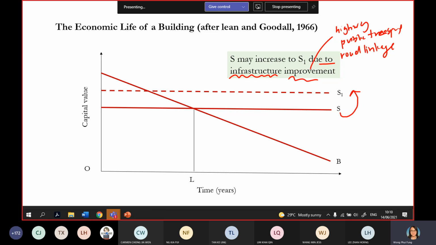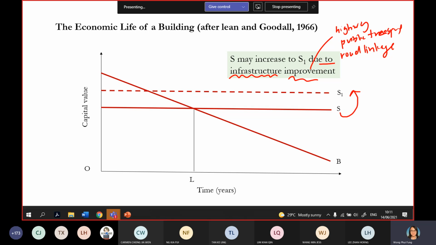There was no public transport for you. Not so convenient like right now. You can take the MRT from Kajang to KL. But when the government and also the developer improved the site infrastructure by promoting more major highways and providing more public transport, the land value in Semenyih started to increase.